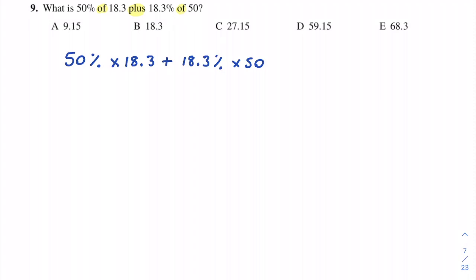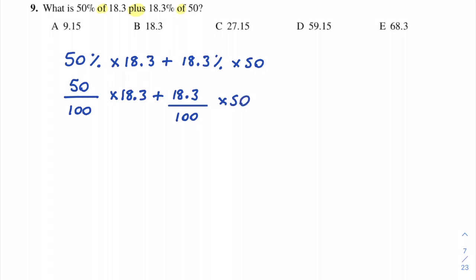So 50% is the same as 50 over 100, and this is times 18.3, plus 18.3% is the same as 18.3 over 100 as a fraction, and then we're multiplying this by 50. Okay, so 50 over 100 simplifies to 1/2. So I can write this as 1/2 times 18.3.